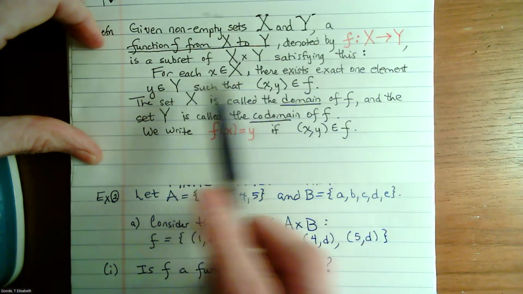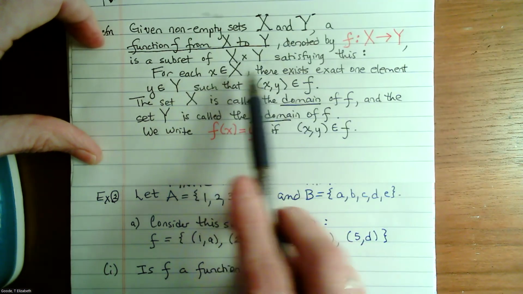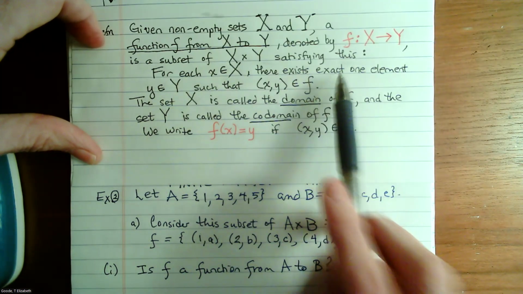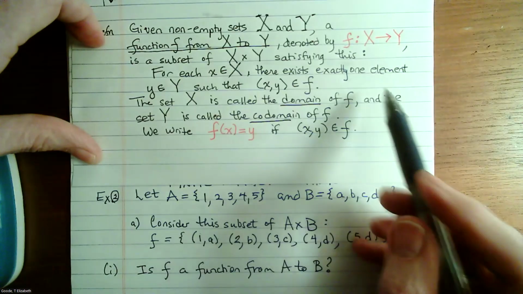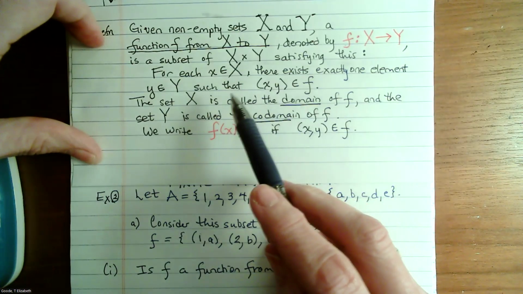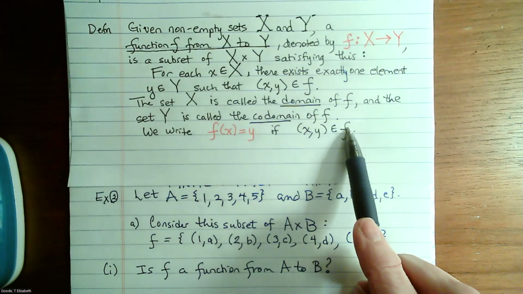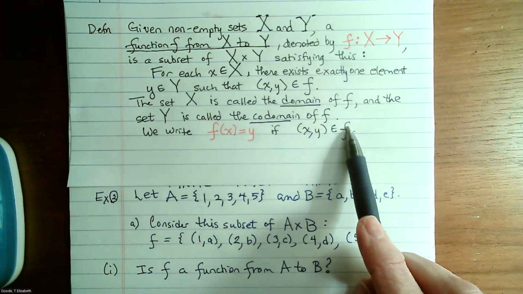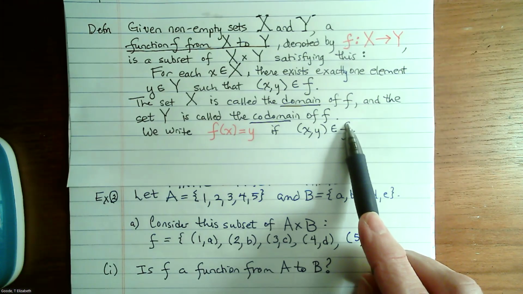So f is a function from A to B if for each x in A, there exists exactly one element y from B such that x comma y is an element of F. What do you think?